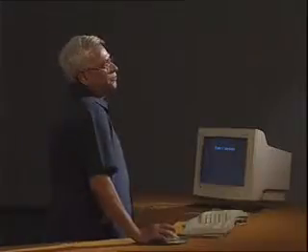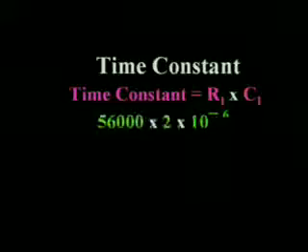So, you have seen the sink separation, and who is responsible for sink separation? The same two, resistance and capacitance. They form the time constant, and the time constant is represented by R1 into C1.